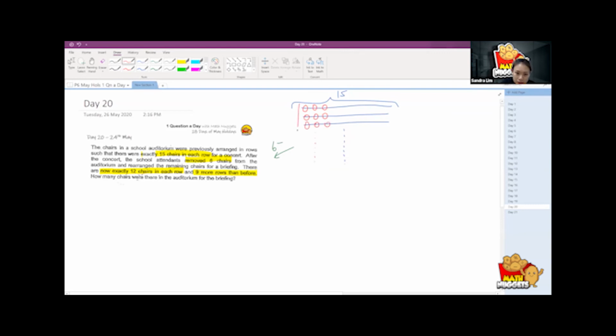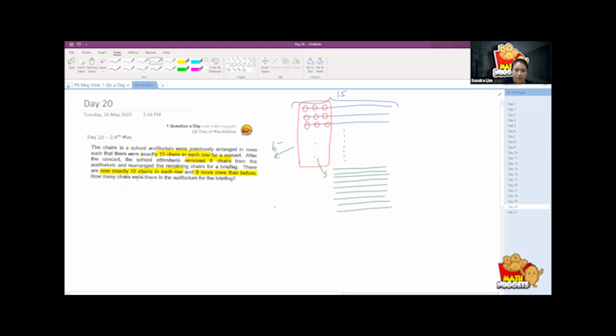But all these were actually taken out, and contributed to the new rows. There were now 9 more rows than before. So 1, 2, 3, 4, 5, 6, 7, 8, 9.